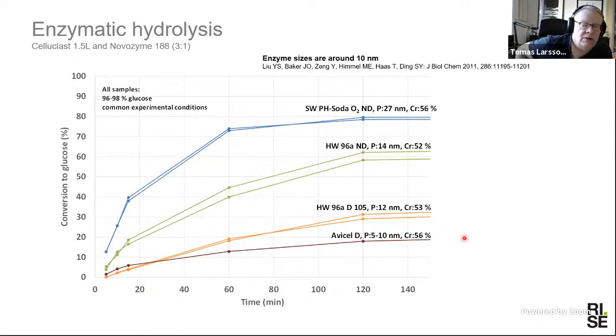But crystallinity as a controlling factor for enzymatic reactivity, well, it could be one, but accessibility, or the access to the interior of the fiber wall by increasing the pore size, is definitely a controlling factor too.